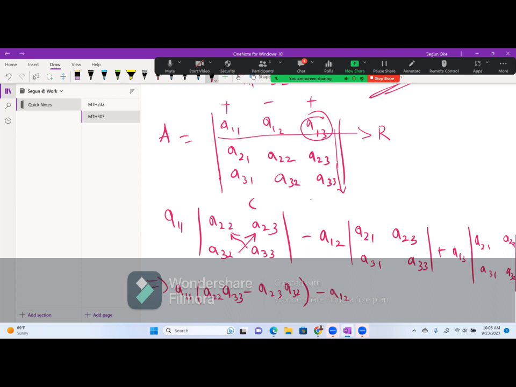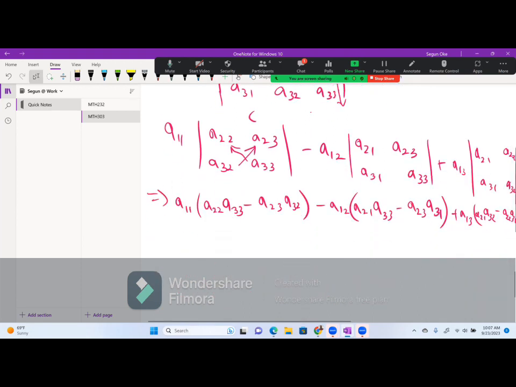Minus A12 times A21, A33 minus A23, A31, plus A13 times A21, A32 minus A22, A31. That's it. So when we open the brackets, what do we have? We have A11, A22, A33 minus A11, A23, A32.